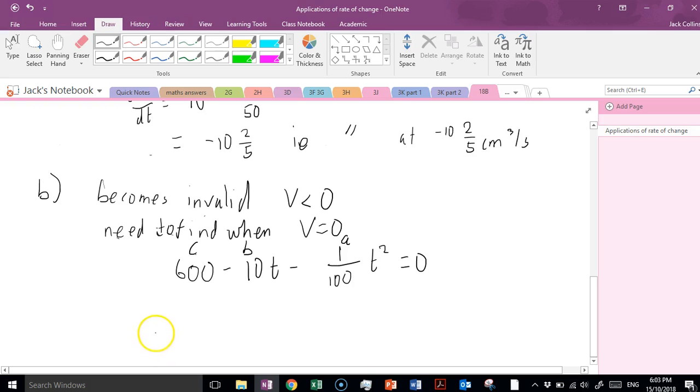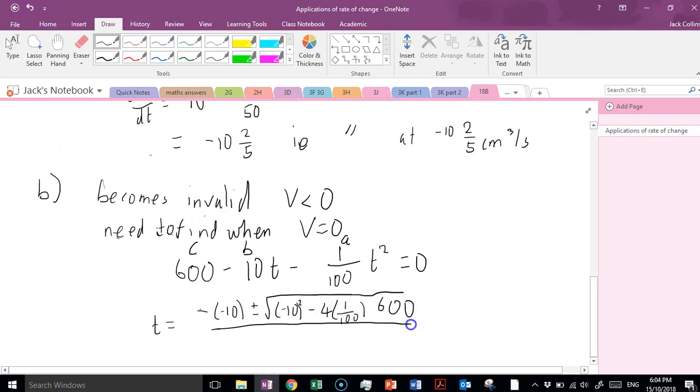So t is equal to negative b, which is negative negative 10, plus or minus the square root of b squared, so negative 10 squared, minus 4, make sure you have that outside the brackets, times 1 on 100, times 600, all over 2a. 2a would be 2 on 100 or 1 on 50.